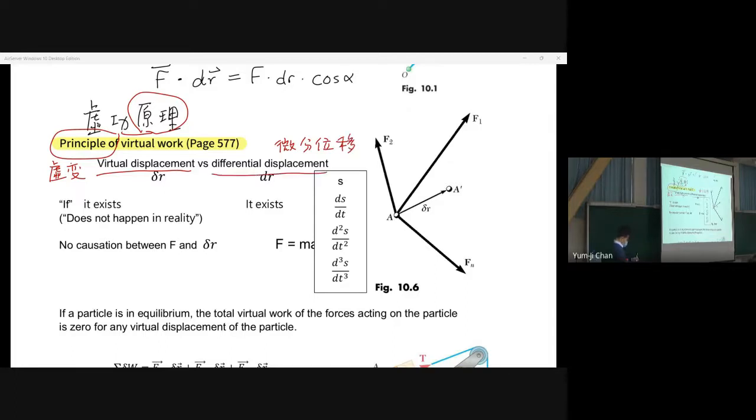They have different symbols. This one is delta R, and another one is dr.